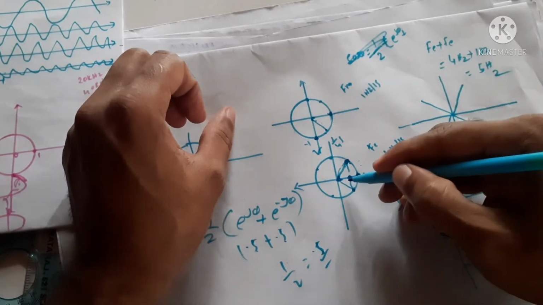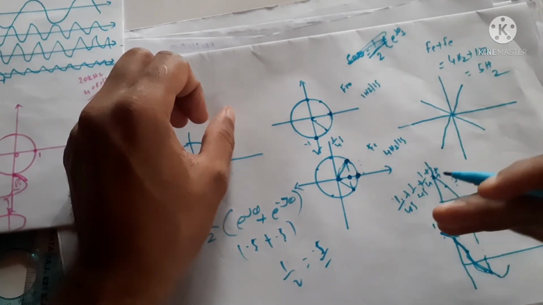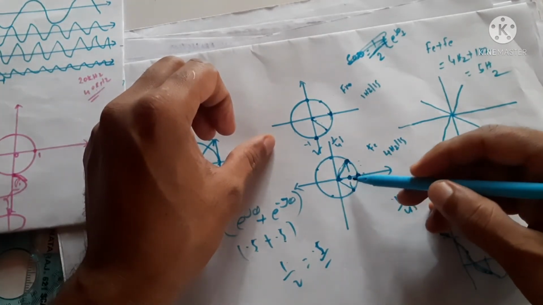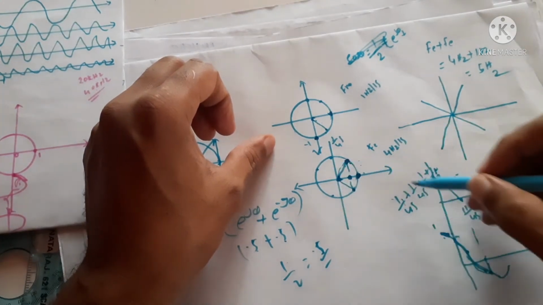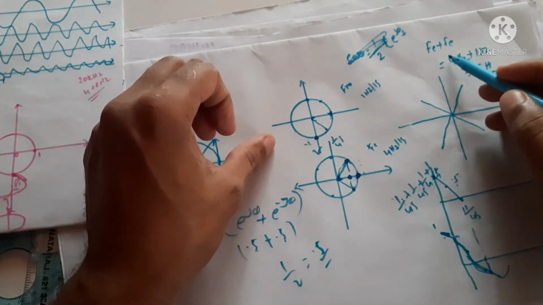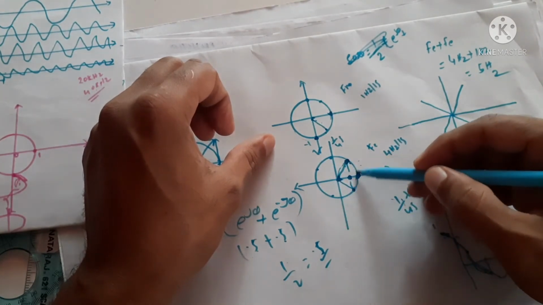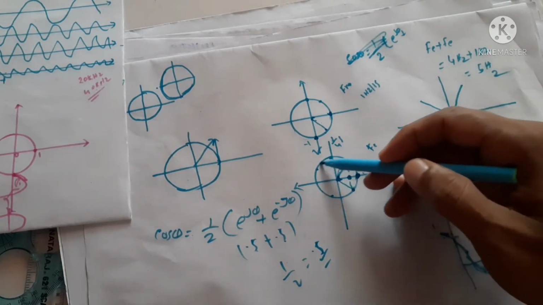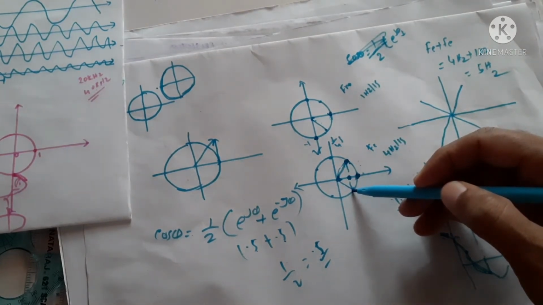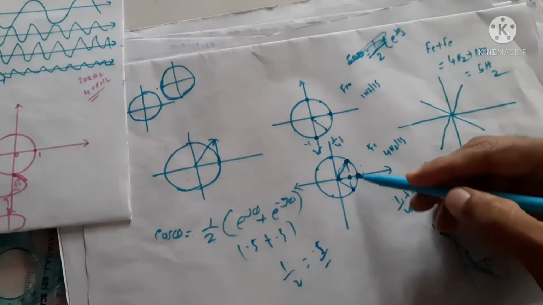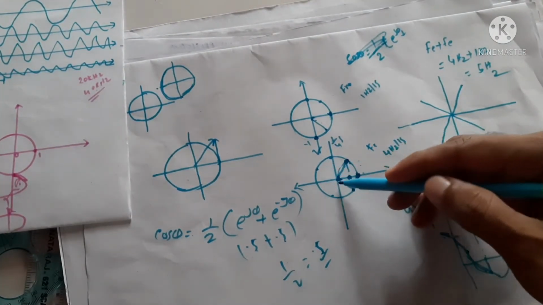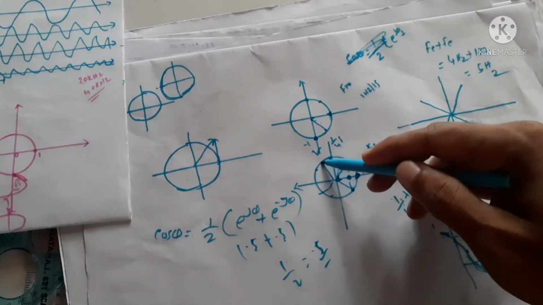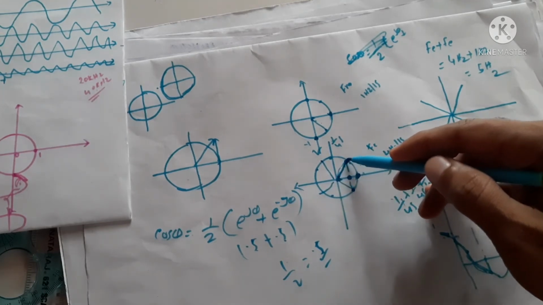Continuous lagging of phase means the frequency is decreasing. That means in 1/4 second, instead of completing 4 cycles, now it is only able to complete 3 cycles. In 1/4 second, the value will be here, and another 1/4 second, the value will be here, and another 1/4 second here, and another 1/4 second here.